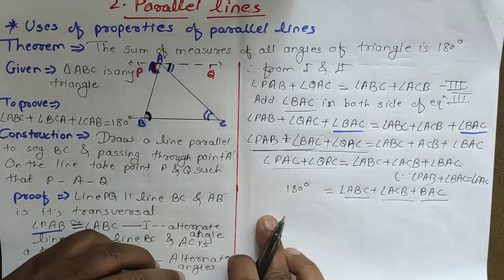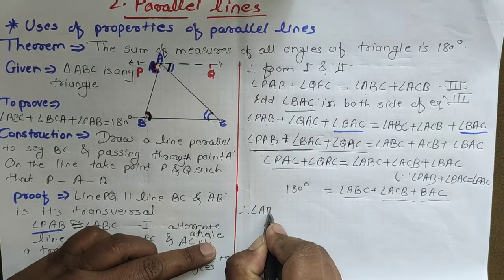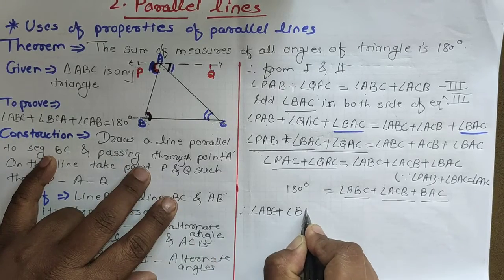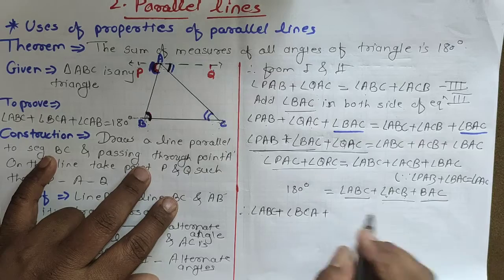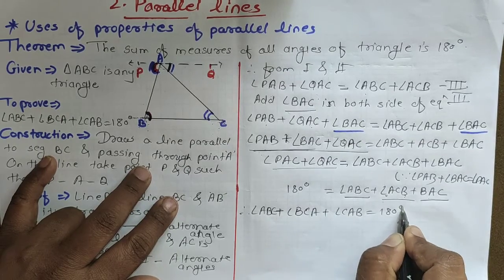From this we show that the sum of all angles of a triangle is equal to 180. Therefore, angle ABC plus angle BCA plus angle CAB is equal to 180 degrees.